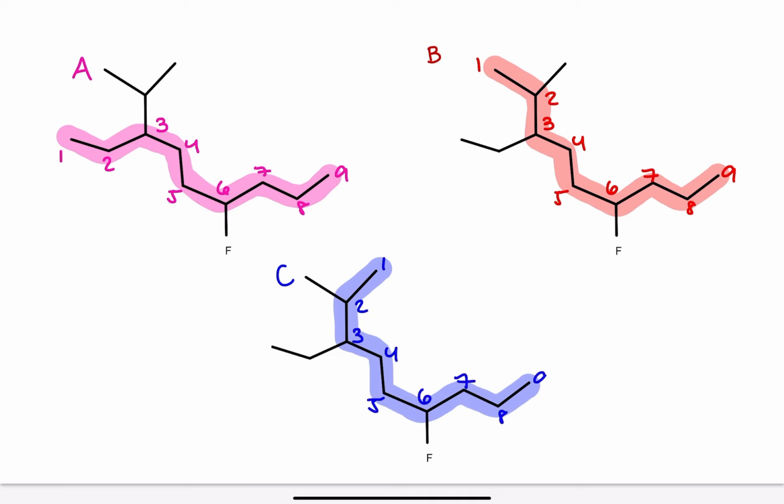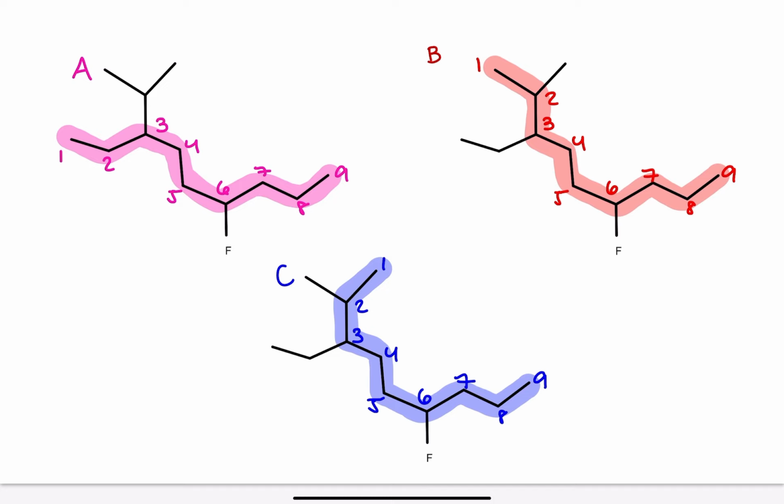Now we need to determine which path to choose. In order to do so, we must skip to step 3 of the IUPAC rules and circle back to step 2 afterwards. Step 3 is to number the chain consecutively, which we have just done, starting at the end nearest a substituent group.